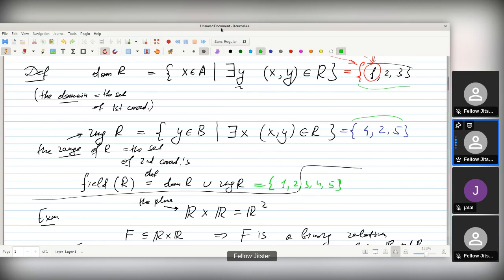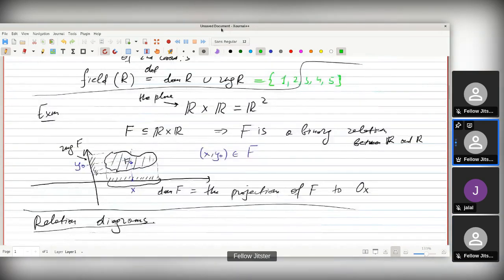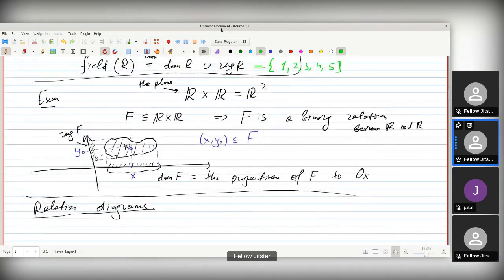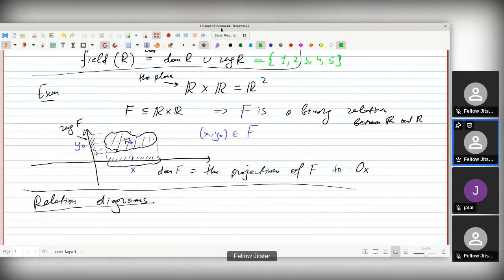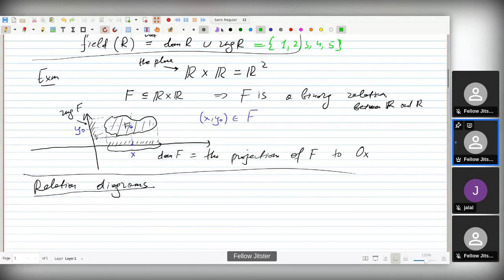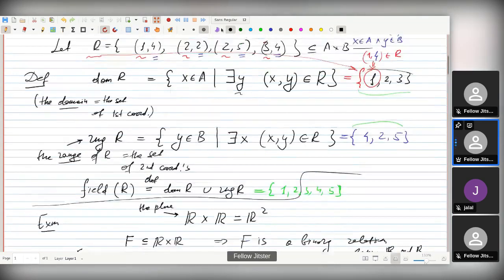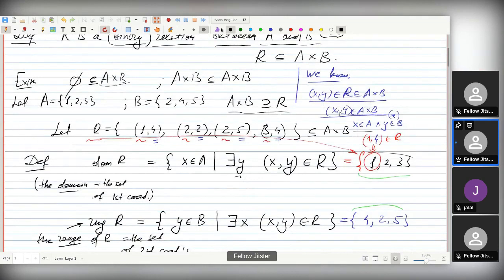Exactly. So let us take some points in the plane and label them with these elements: 1, 2, 3, 4, 5. And now my next step will be to connect 1 to 4 with an arrow.